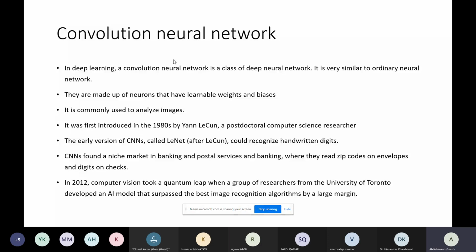So in deep learning also convolution. So deep learning, you understood now what is deep learning. Yes, sir. Okay. So in 2009 they defined that if a network has layers beyond 6, they call that network a deep learning network. Correct. So the concept is not new actually.